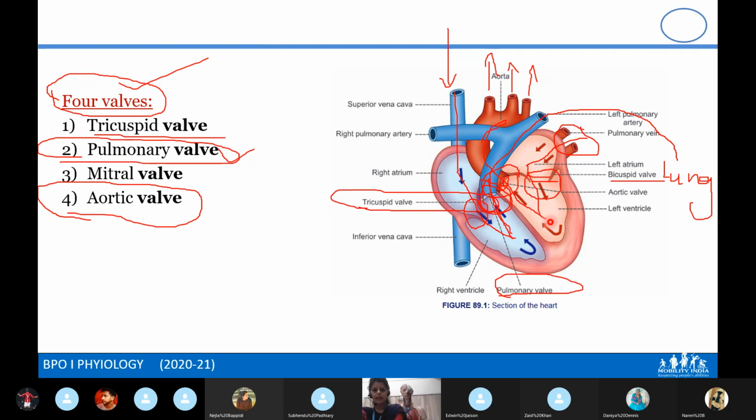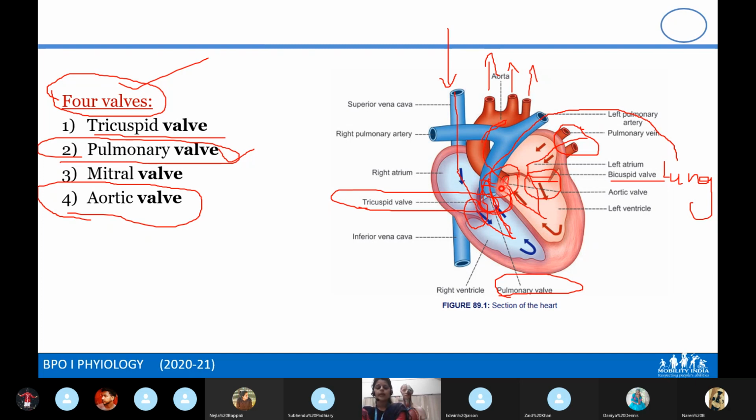From there, the muscle will contract. Okay, the muscle will contract, which means the blood is filled. So now, when the muscle relaxes, the blood will be forced out of its place.